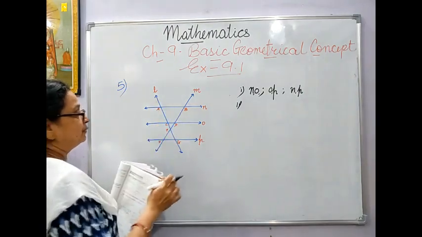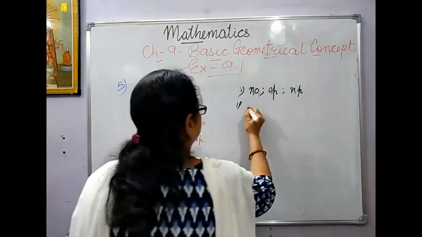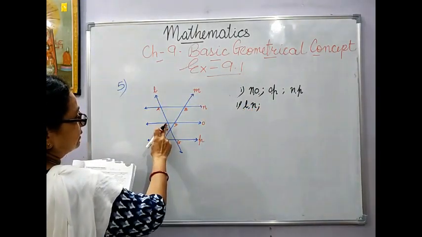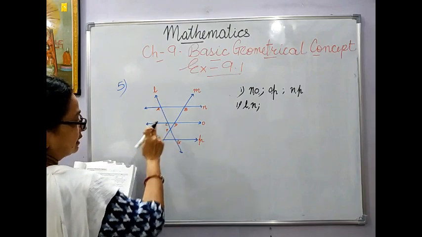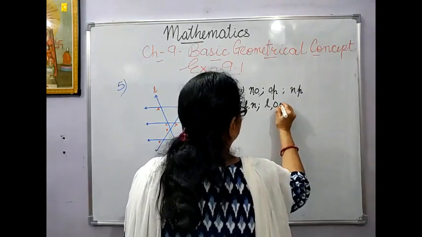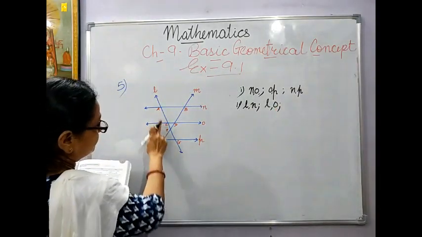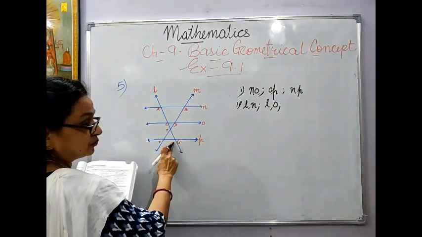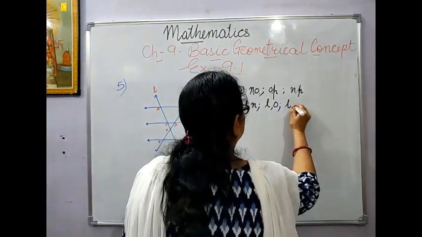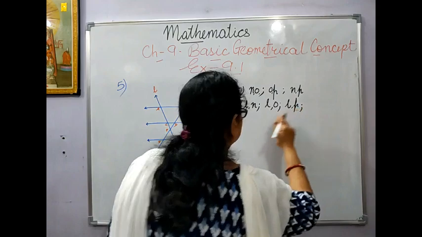So your first will be L and M, L, N. This is the first pair. Then see here, this L is being crossed at O. So it will be L, O. This is the second pair. Then see the third one, this L is crossing this P at this point. So it will be L, P. This was the third pair.